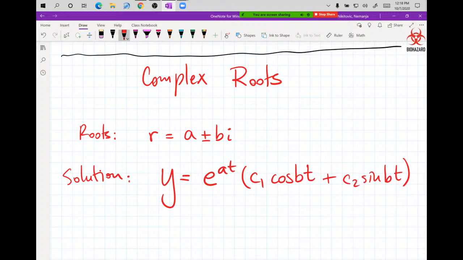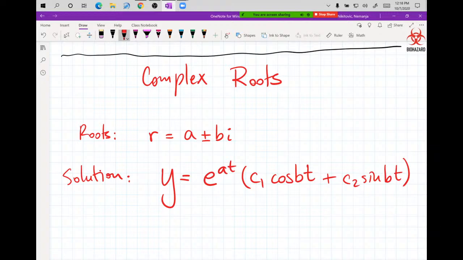And now this completes your set of possibilities when you factor a quadratic. When you factor a quadratic, you can get two real distinct roots, two repeated real roots, or two complex conjugate numbers. Those are the only three possibilities.